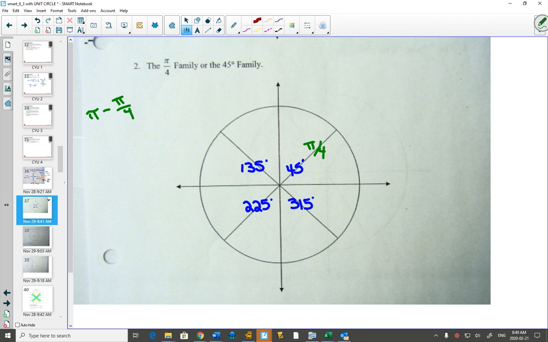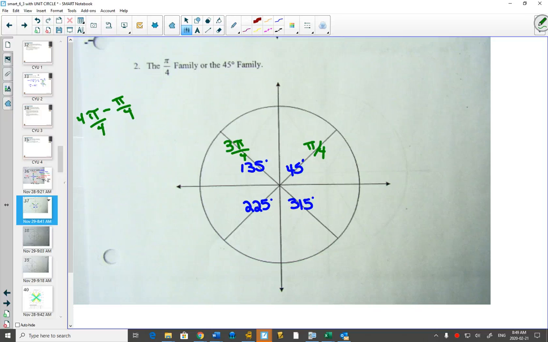How do you do pi minus pi over 4? You have to remember your fraction work. How do you subtract fractions? Right, so it's over 1 here now. I could make it 4 pi over 4 to have a common denominator. And then 4 pi over 4 minus 1 pi over 4 would give me 3 pi over 4.